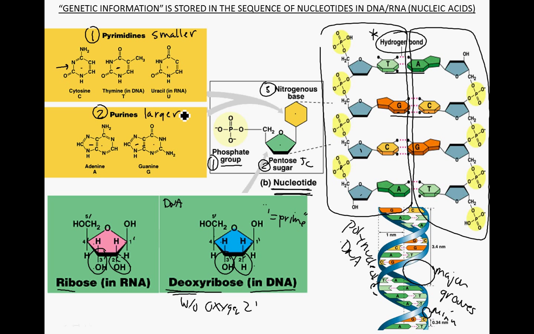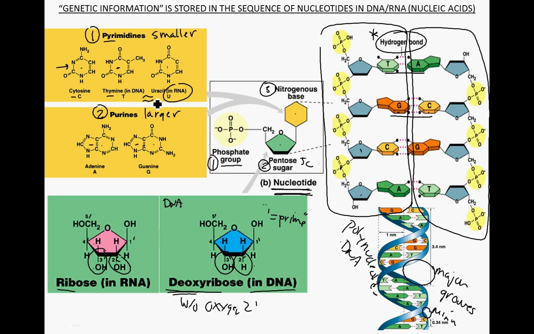The way I remember which nitrogenous bases are which: pyrimidine has a Y, and cytosine has a Y, and thymine has a Y. So the ones that have a Y are pyrimidines. Now, I know you're sitting there thinking, uracil doesn't have a Y in it. Yes, I know, but you remember from Bio 1 that in RNA there is no thymine. Uracil replaces thymine, so thymine and uracil are kind of synonymous.